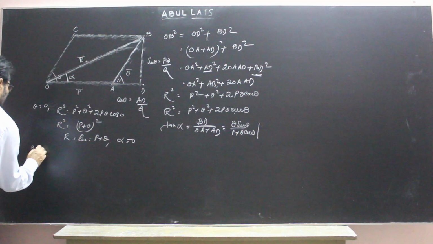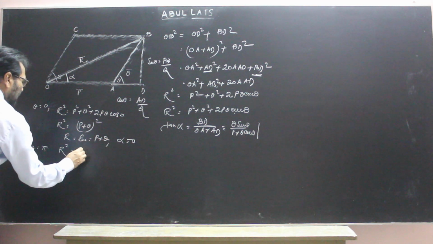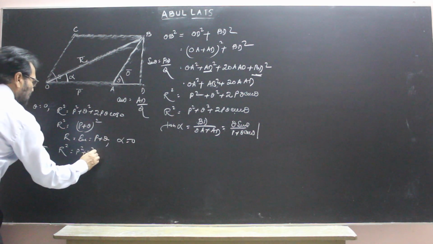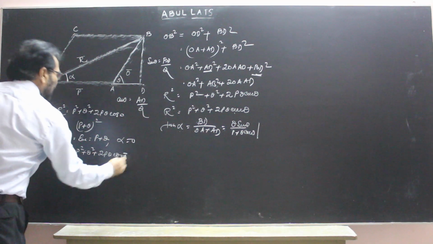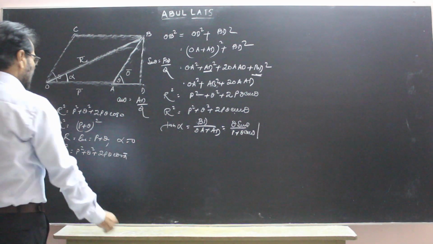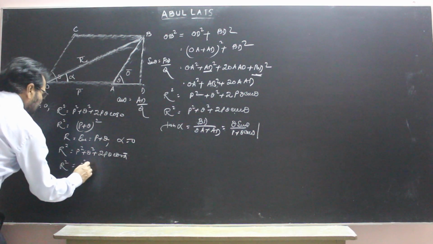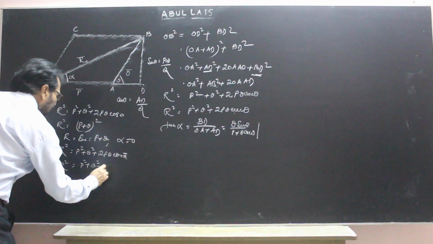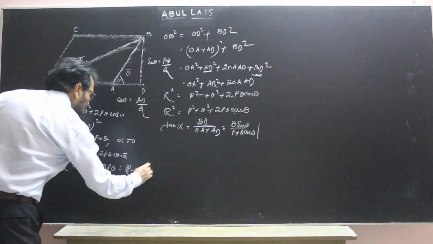If theta is pi, then R square is P square plus Q square plus 2PQ cos pi, and cos pi is minus 1. So R square is P square plus Q square minus 2PQ, and this is P minus Q whole square.